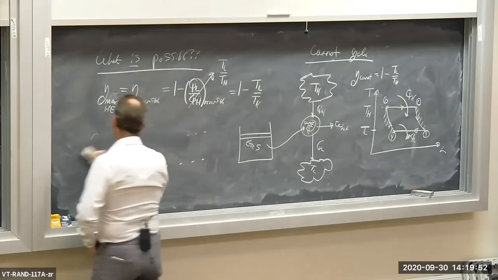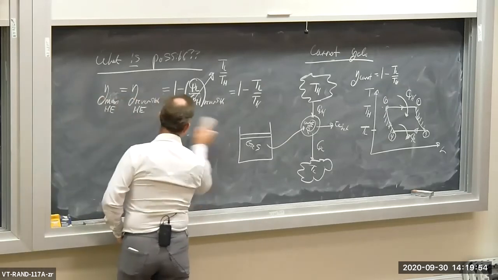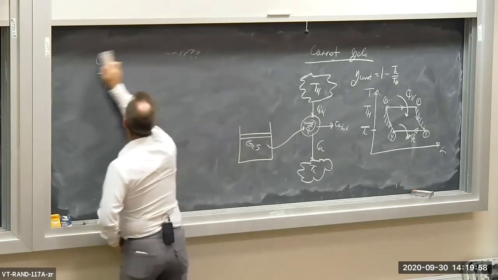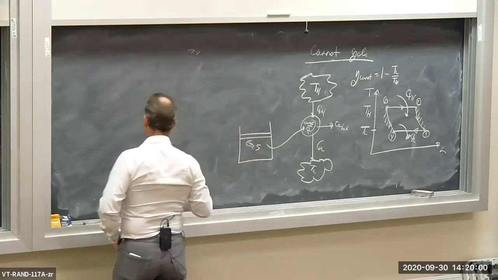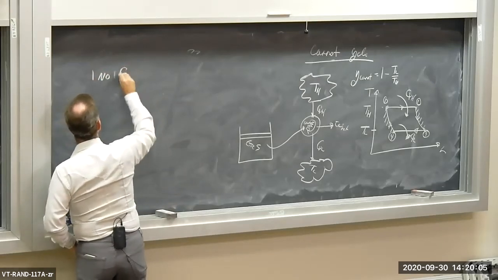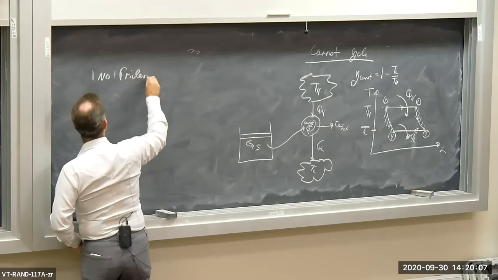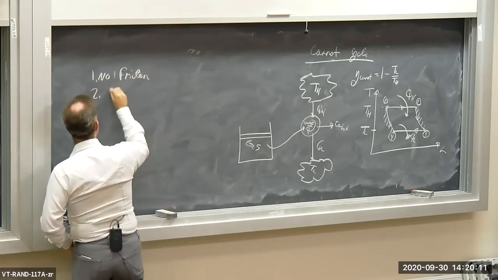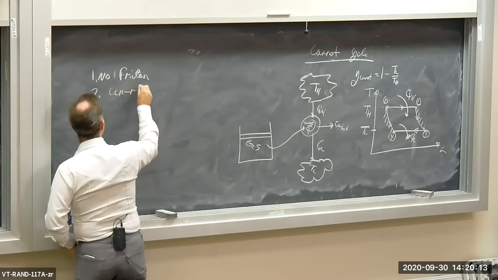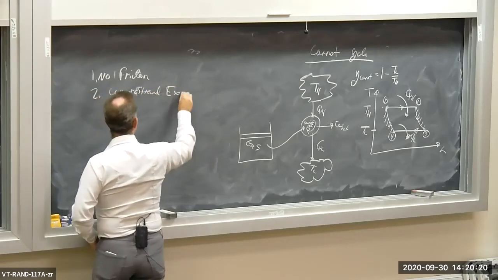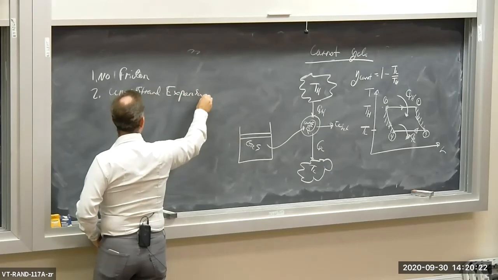So the Carnot heat engine contains no processes involving friction. No friction. No unrestrained expansion. What does that mean physically?